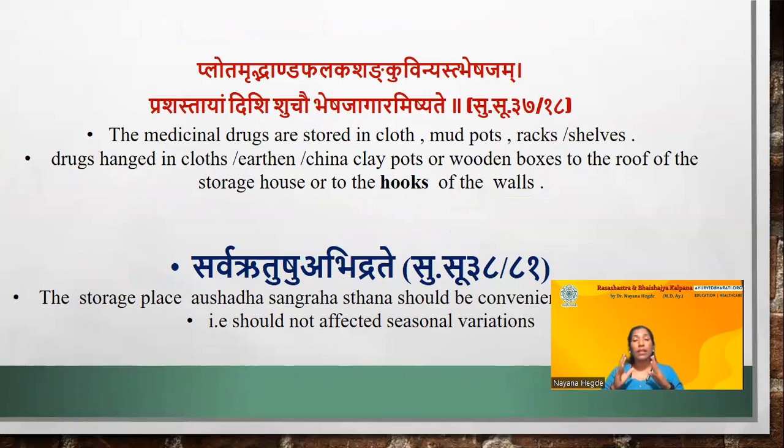Sushruta has given that the medicine should be stored in this way. What is that? Plota, Mridbanda, Falaka, Shanku Vinyasta, Beshajam, Prashastayam, Dishi, Shuchau Beshajagaram Ishyate. What Charaka has given above, Sushruta has also given in the same way. Medicine should be stored in the plota. Plota means cloth, mridbanda means mud pot, falaka means shelf, rack. Medicine should be kept on a shelf. Shanku vinyasta beshajam means with the help of a hook the medicines are hung.